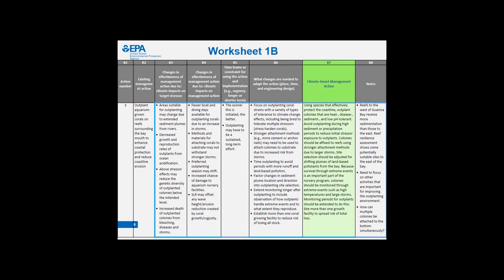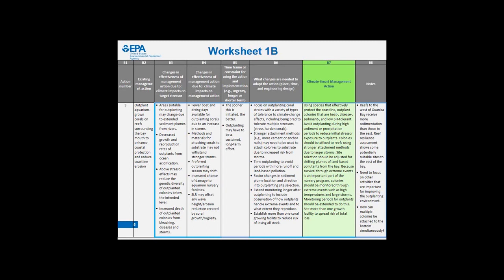So if you know that sediment plumes are likely to continue to reach the areas that they've been reaching and even perhaps expand their impact area, you may want to choose areas that will not be affected or not as affected for your outplanting. You might want to extend the monitoring longer than you otherwise might have, to include observation of how the outplants handle extreme stress events like bleaching events, like hurricanes and so on.